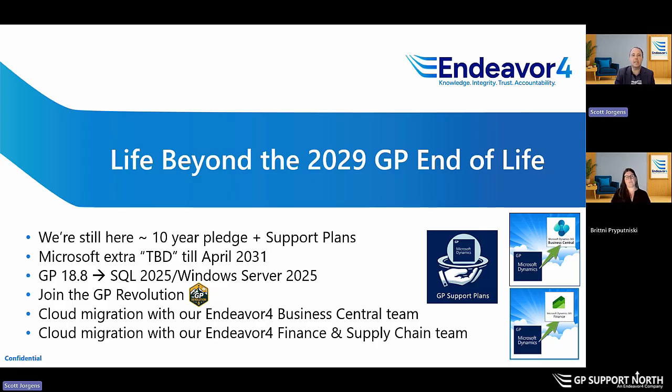GP 2018.8, Brittany did a great webinar earlier this year on the what's new. And at that time, we talked about SQL Server 2025 and Windows Server 2025. SQL and Windows, that's your database and your operating system. Those are typically updated every 3 years.